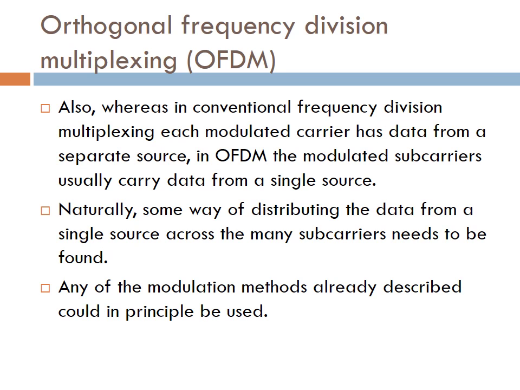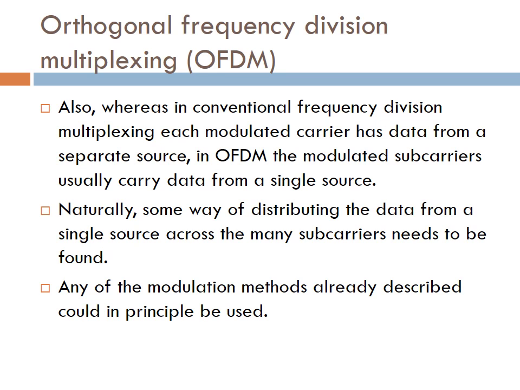Also, whereas in conventional frequency division multiplexing each modulated carrier has data from a separate source, in OFDM the modulated subcarriers usually carry data from a single source, and not from multiple sources as traditional frequency division multiplexing does.